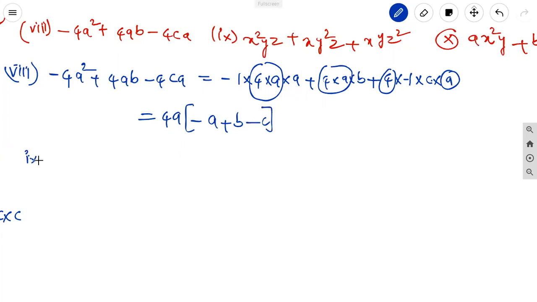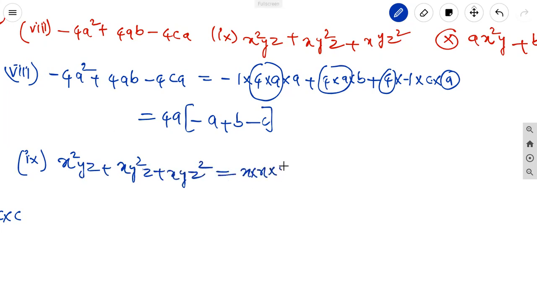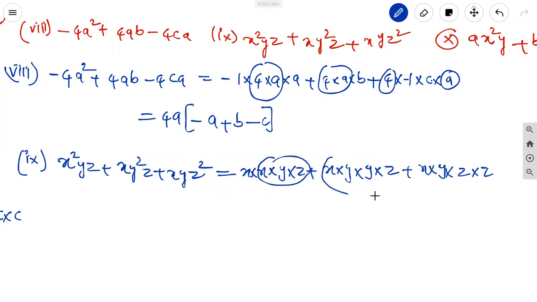Next, ninth one. x square yz plus xy square z plus xyz square equals x into y into z plus x into y into y into z plus x into y into z into z. In all, xyz is common.